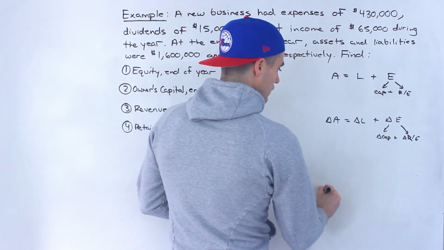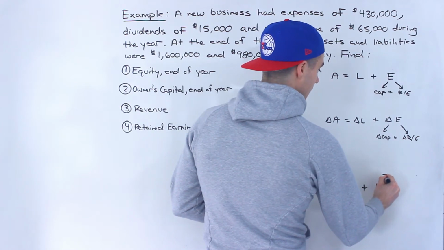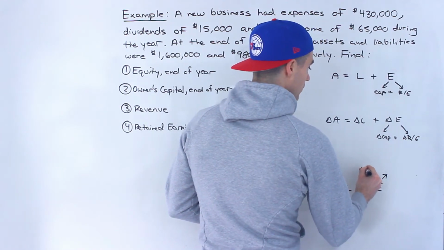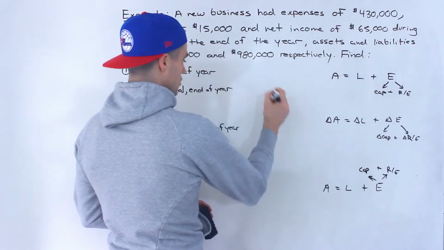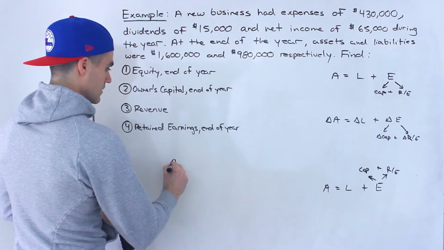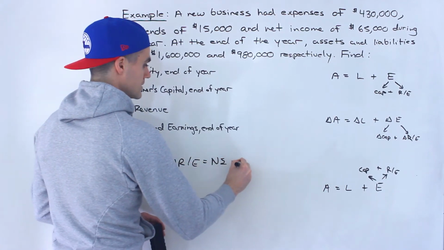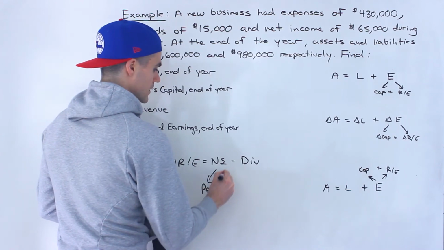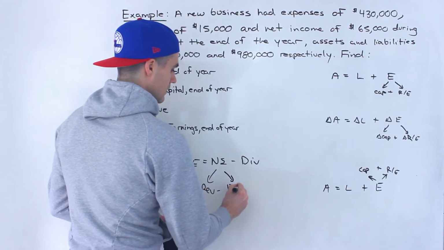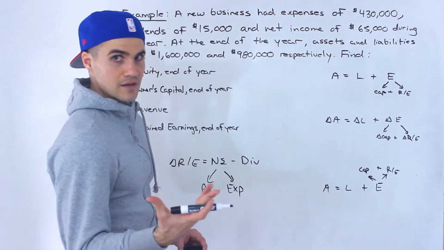And then the final balance sheet would be assets equals liabilities plus equity, and then the equity is made up of capital and retained earnings. And then the change in retained earnings, let's actually do it down here. That's equal to net income minus the dividends. And then the net income is revenue minus expenses, like that.